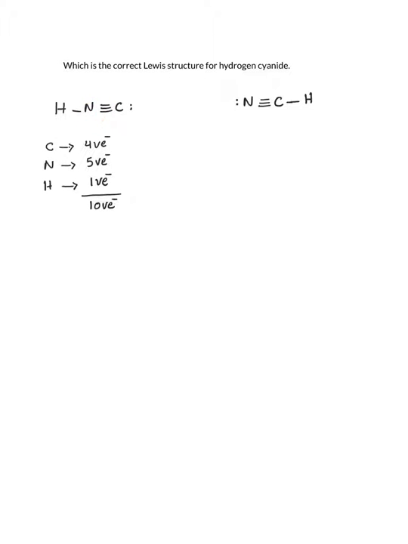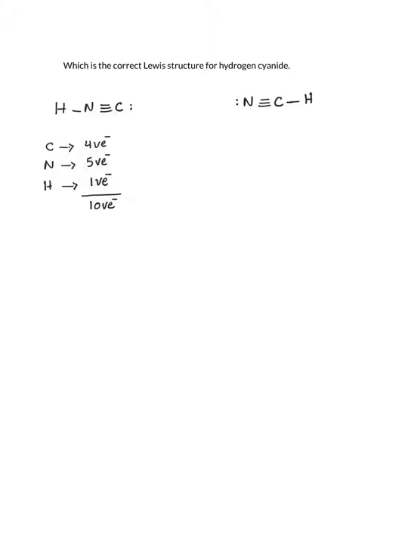Nitrogen is also an octet. Hydrogen has only 2 electrons, and remember, hydrogen can only make a duet, so it's good. Molecule on the right, 2, 4, 6, 8. Nitrogen is an octet. Carbon is also an octet, and hydrogen has its duet. So both molecules have their octets.